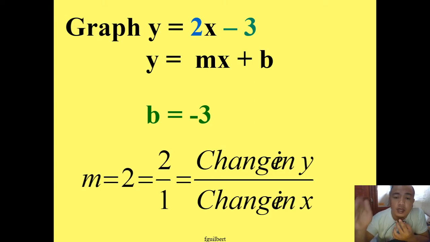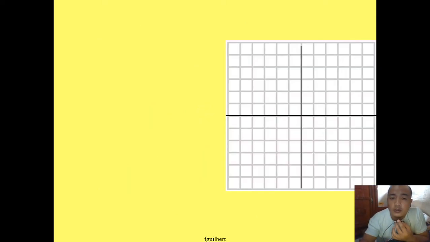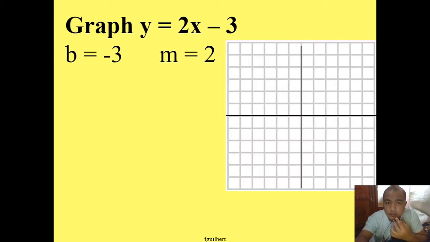So that means rise is 2, run is 1. The slope is positive, going to the right direction. In y equals 2x minus 3, the slope is 2, the y-intercept is negative 3. To start, locate negative 3 on the y-axis, that is (0, -3). This is the y-intercept.